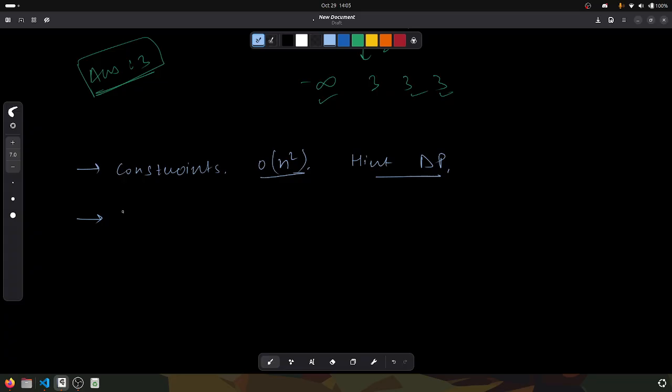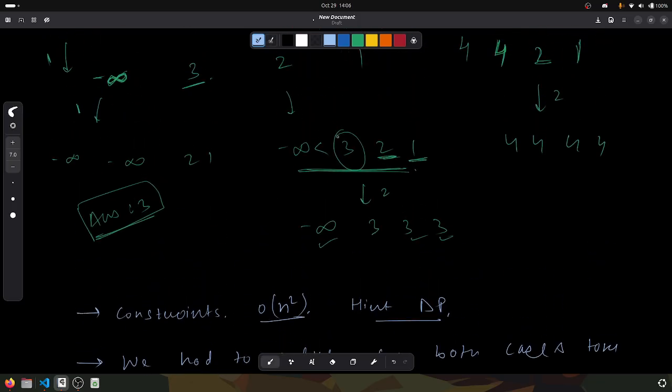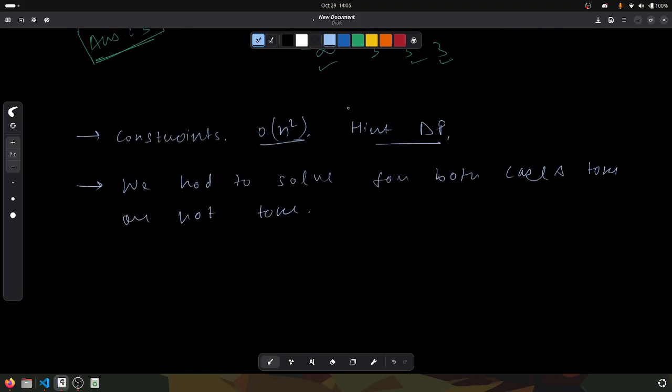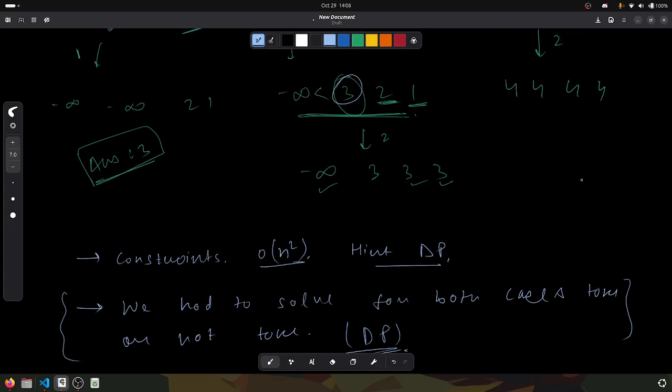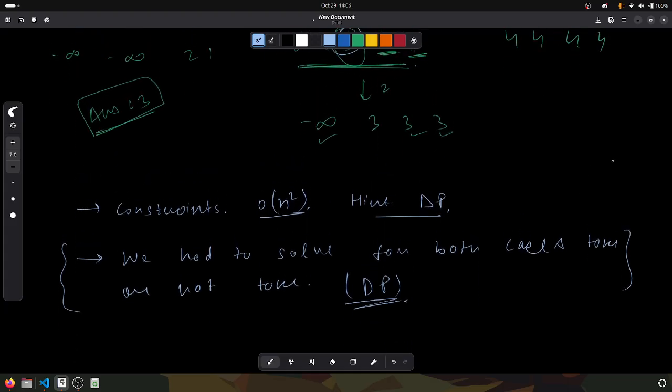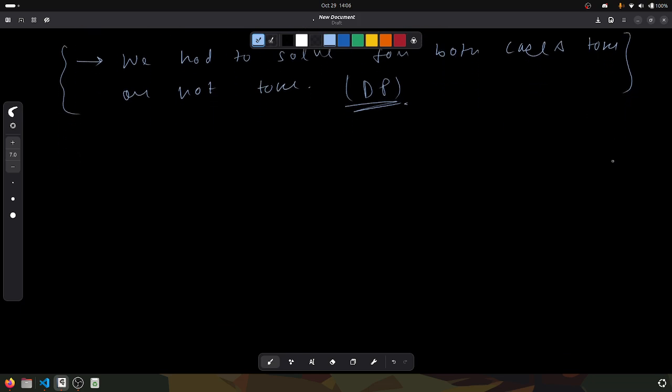While solving the test cases, we had to solve for both cases, take or not take. Basically we had to check both the cases where we are performing the operation on a certain number or we are not. This is again a very big hint for DP, because these types of problems are generally solved by DP, where we don't really make any greedy observations. We basically brute force every case. So again, DP.